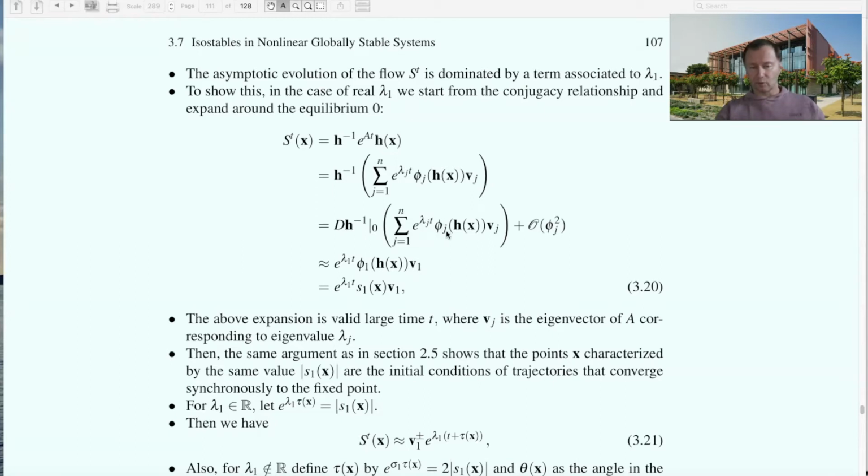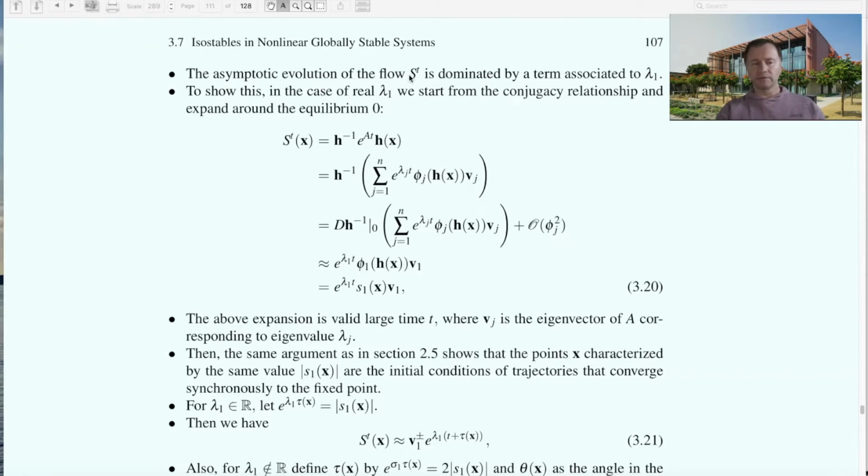Also because they're smooth, close to the origin, they have small values. And so this is the Taylor expansion in terms of phi_j. So we get order phi_j squared over here. And this is approximately equal, so for phi_1 small, to e^{lambda_1 t} phi_1 of h of x v_1.